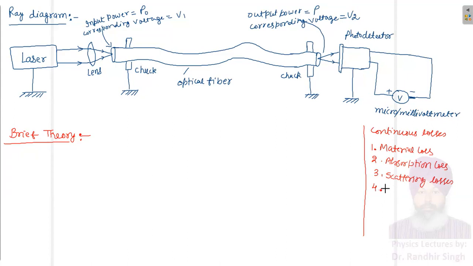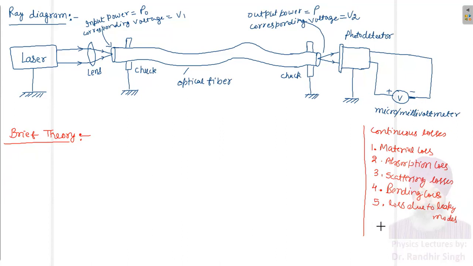These are called macro bends, and the loss due to both kinds of bends is called bending loss. Then there is loss due to leaky modes. Then there can be radiation induced loss, but it is not present at all places. So I will not write it here, but it is there.